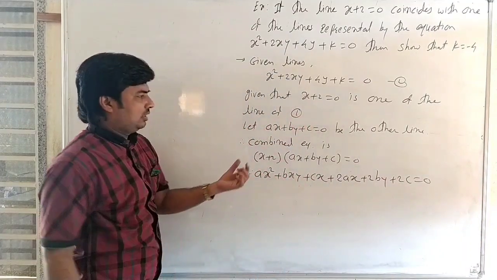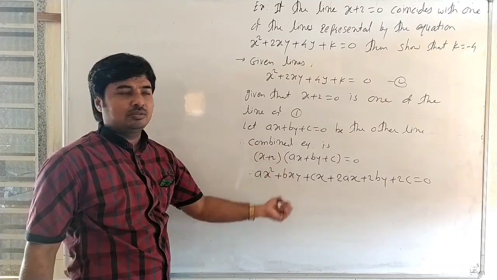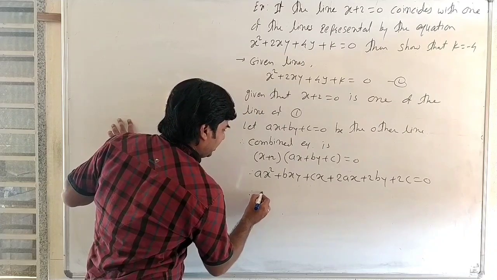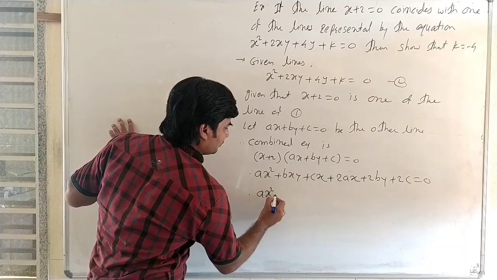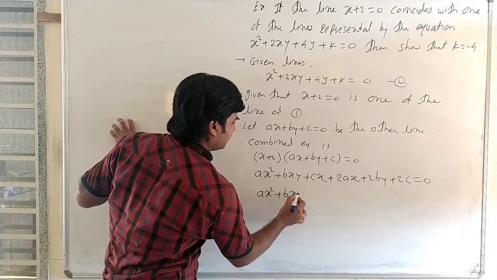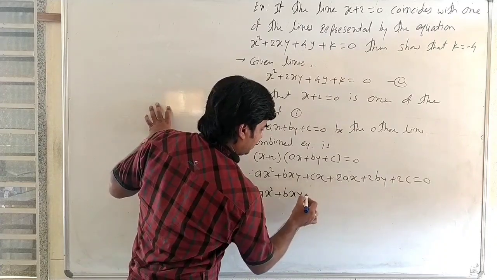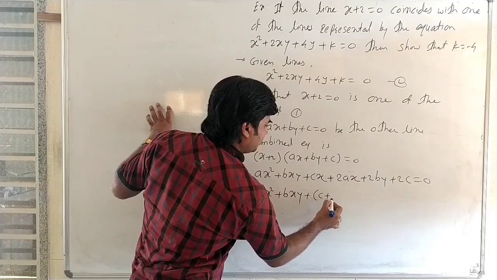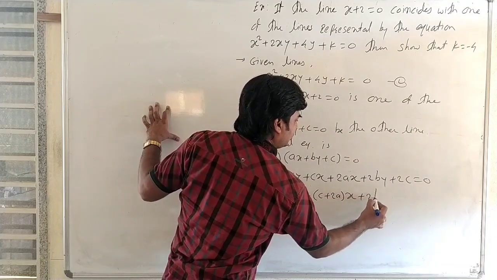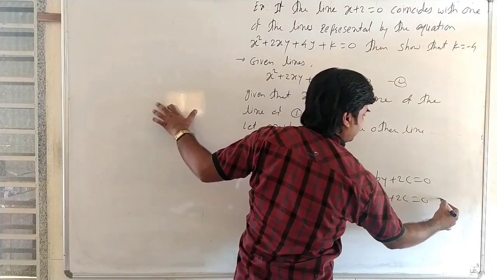This equation can be written in terms of the general second degree equation, ax square plus 2hxy plus by square plus 2gx plus 2fy plus c. It is equation number 2.